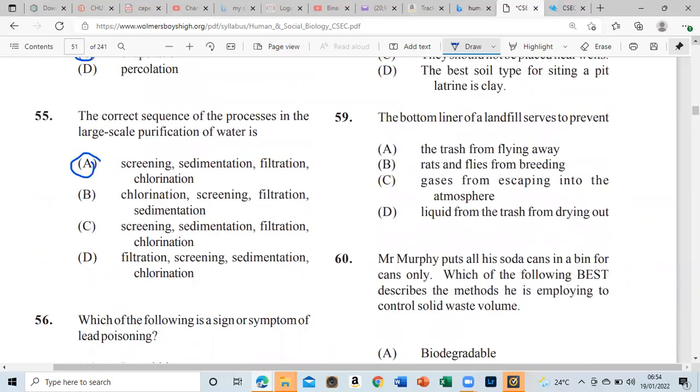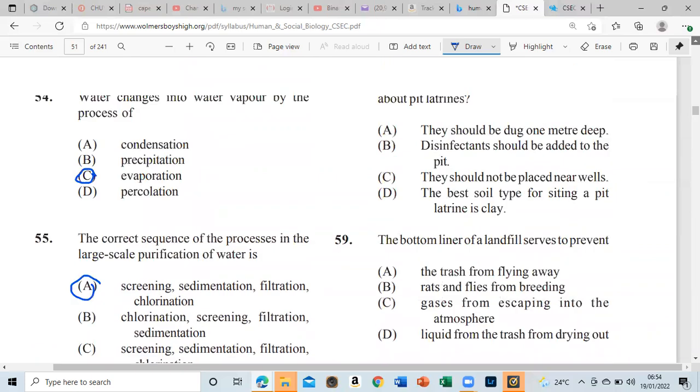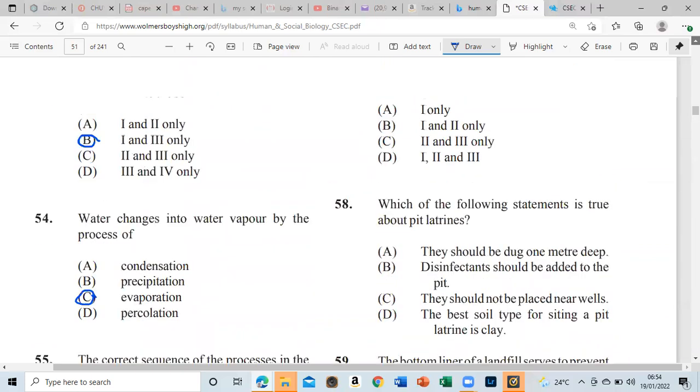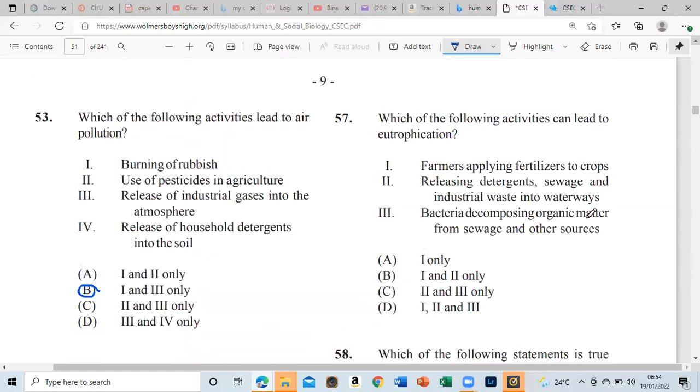Let's move on to the next one. Which of the following activities can lead to eutrophication? Farmers applying fertilization to crops, releasing detergent, sewage, and industrial waste into the waterways, or bacteria decomposing organic matter from the sewage and other sources? And that would be all three.